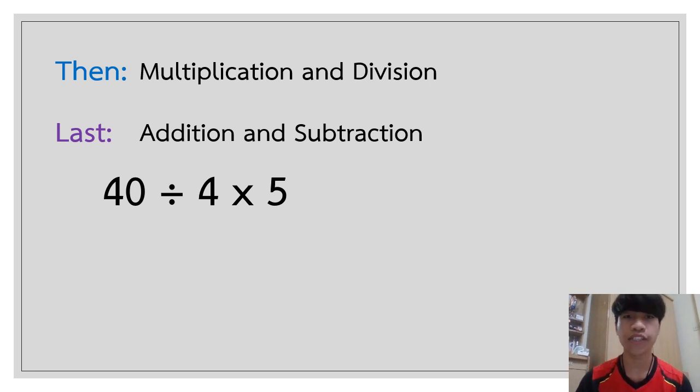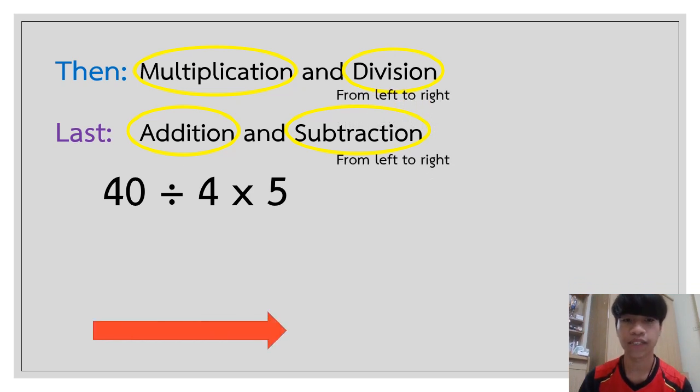If you see multiplication and division in one problem, and also addition and subtraction in one problem, you need to do it from left to right like this. In this problem, 40 divided by 4 is equal to 10, and 10 times 5 is equal to 50.